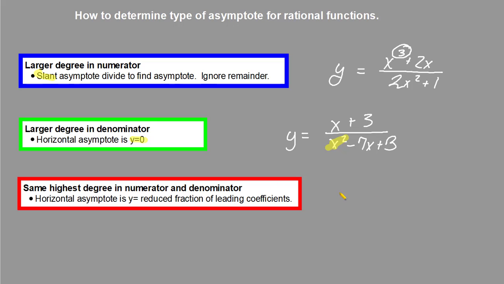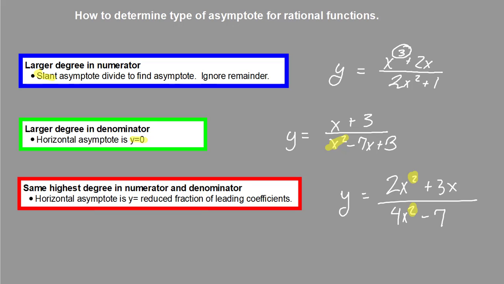When the higher degree is the same, so that means we have the same power in both the numerator and the denominator, like, let's say, so our highest degree is the highest exponent in both the numerator and the denominator, so that's squared.